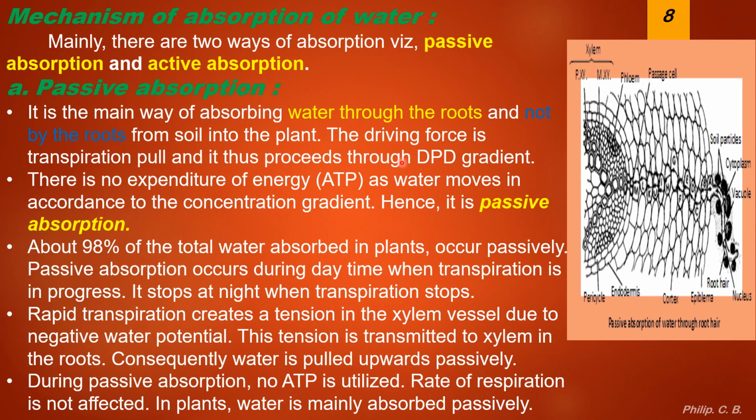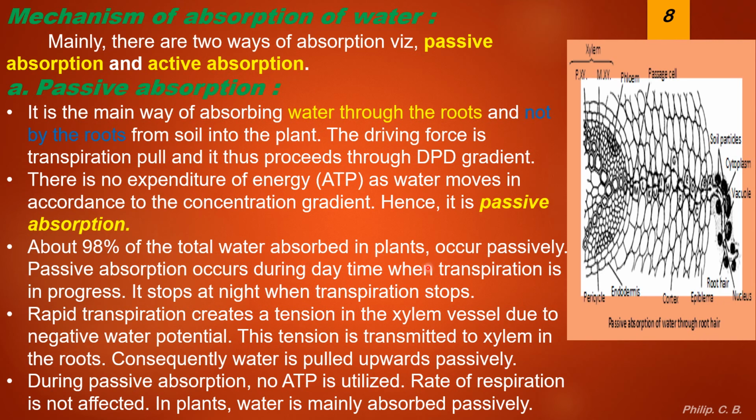So in passive absorption, which is the main pathway by which water passes through the roots, there is no expenditure of energy, no ATP is used, as water moves in accordance with the concentration gradient. Hence, it is passive absorption. About 98% of total water absorbed in plants occurs passively.